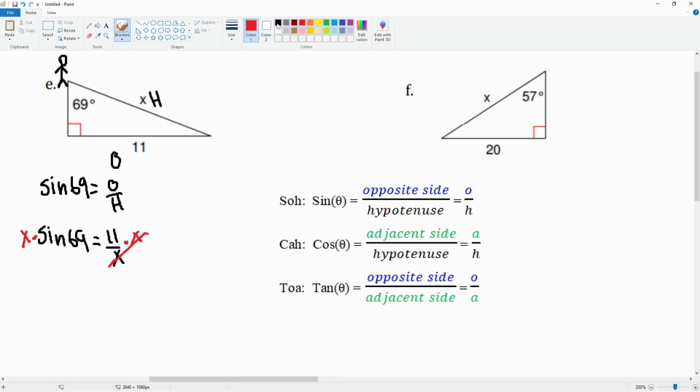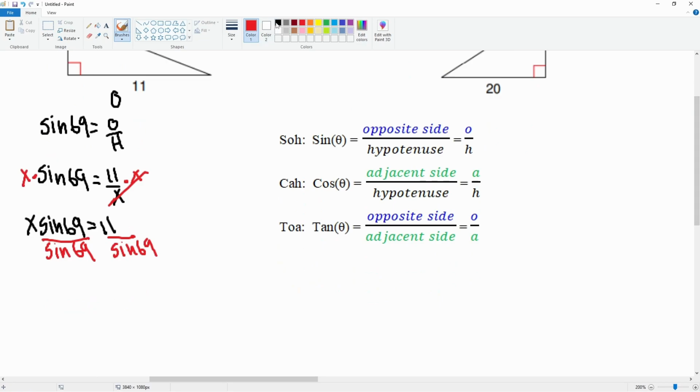Get this to cancel. I have x sine of 69 degrees is equal to 11. And then next I divide by sine of 69 on both sides. Then here I get x is equal to 11 over sine of 69 degrees.